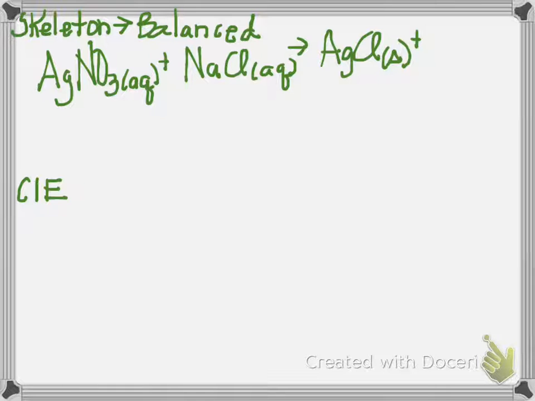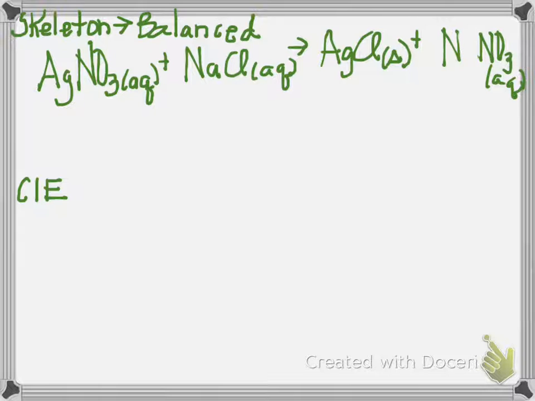Before we're finished with our next part of our Chapter 8, Section 3 notes, you'll learn how to know that for yourself. But for right now, I will just tell you that it is. NaNO3, and again, this is aqueous. So this is my skeleton equation. It's also my balanced equation. We just went over that.